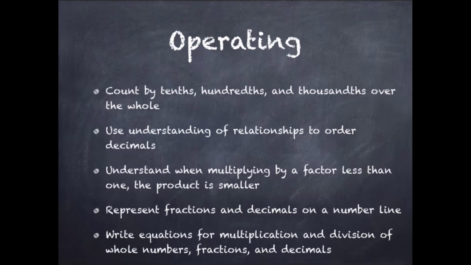They're understanding that when you multiply by a factor less than 1, the product is smaller, which is a huge one. This throws them off because they always have learned, or thought they learned, that in multiplication the product would be bigger than the factors. So now all of a sudden it's smaller. And they represent fractions and decimals on the number line. And they write equations for multiplication and division of whole numbers, fractions, and decimals.